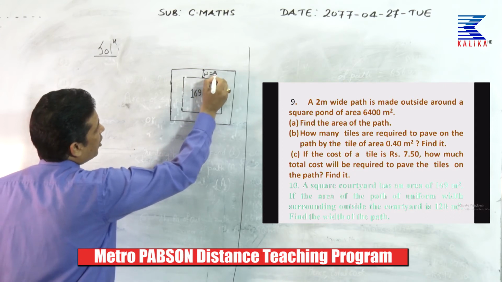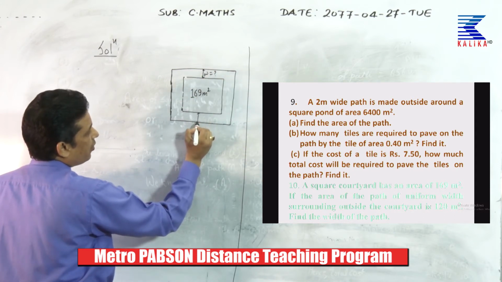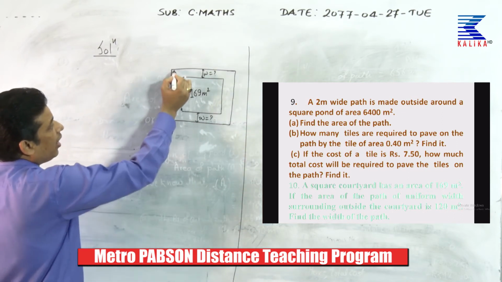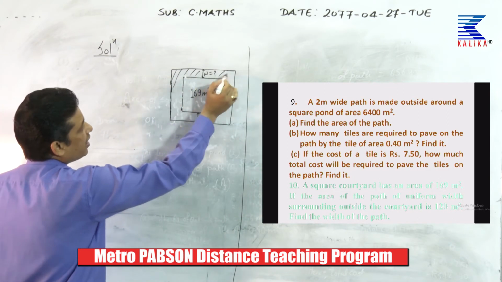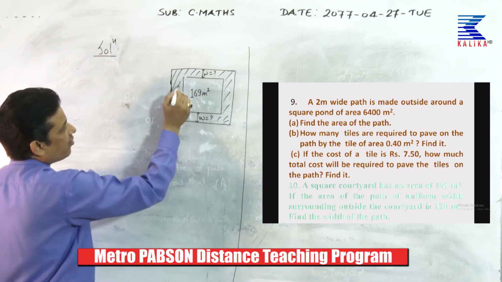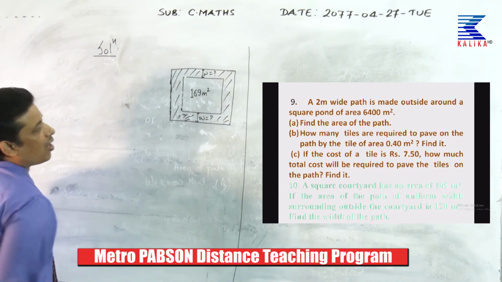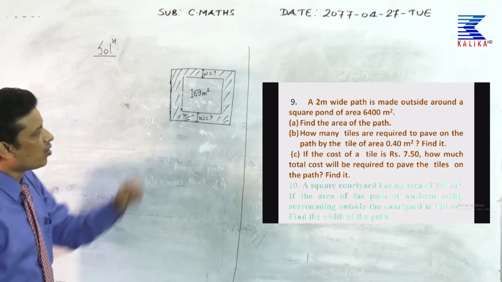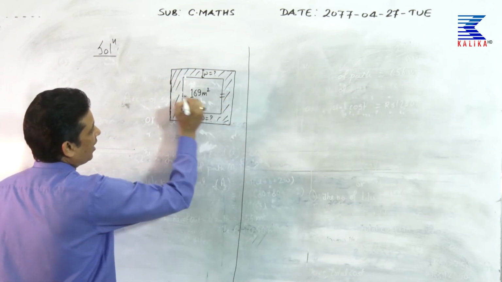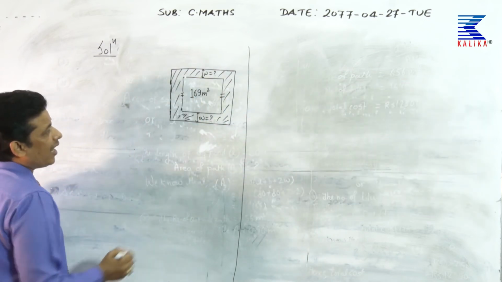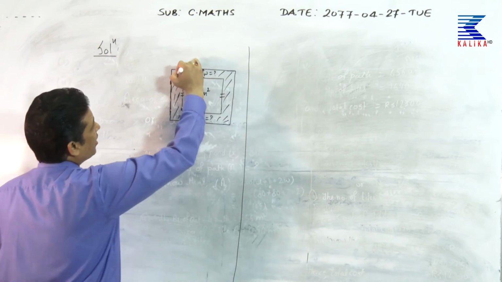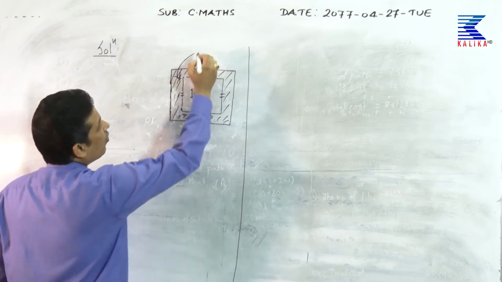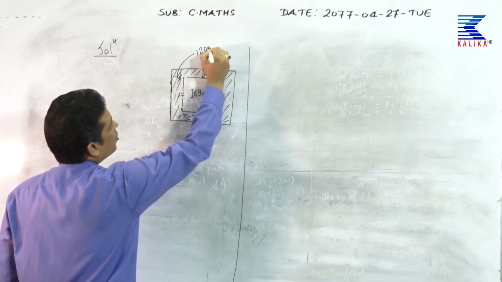This W equal what? And look, I have shaded this part. This part represents the path outside the square courtyard of 169 square meter area. The area of this shaded part is given as 120 square meter.